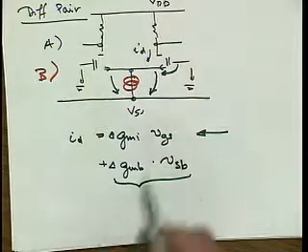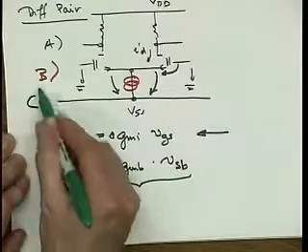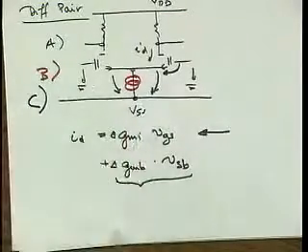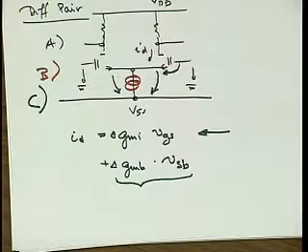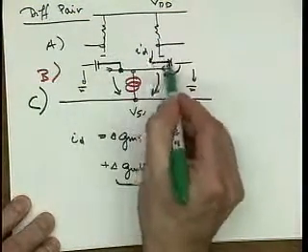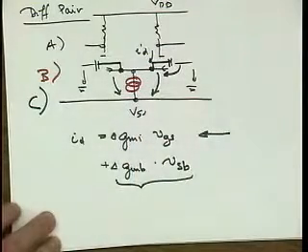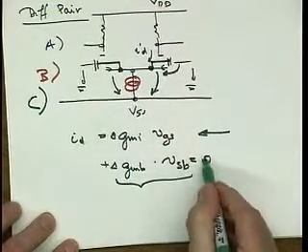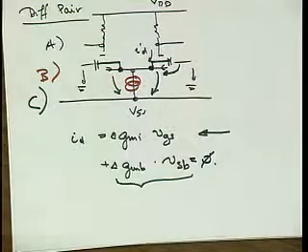So if I want to improve the situation further, if I want to get better than about 80 dB of common mode rejection ratio, what do I need to do? Maybe tie the bulk to the source? Yeah, exactly. Now VSB is 0, and now this term is gone.